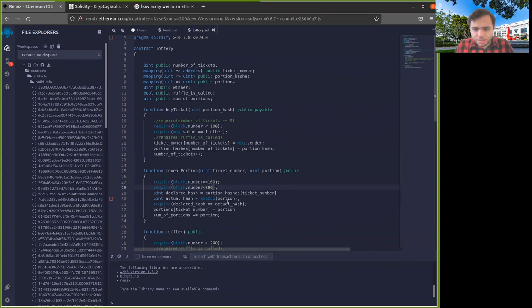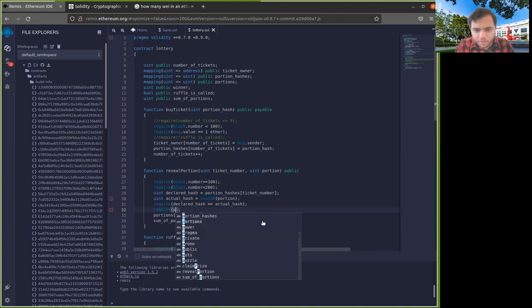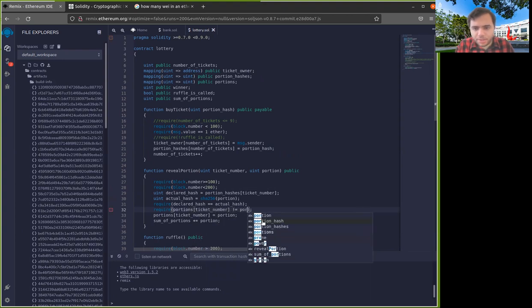And we have to just keep track of that, right? So for example, here, I would just require that the portion that I already know for this ticket number is not equal to the one that was just declared to me. Or alternatively, I can just have another mapping or a set where I keep track of which ticket numbers have already revealed their portion and which ticket numbers have not.